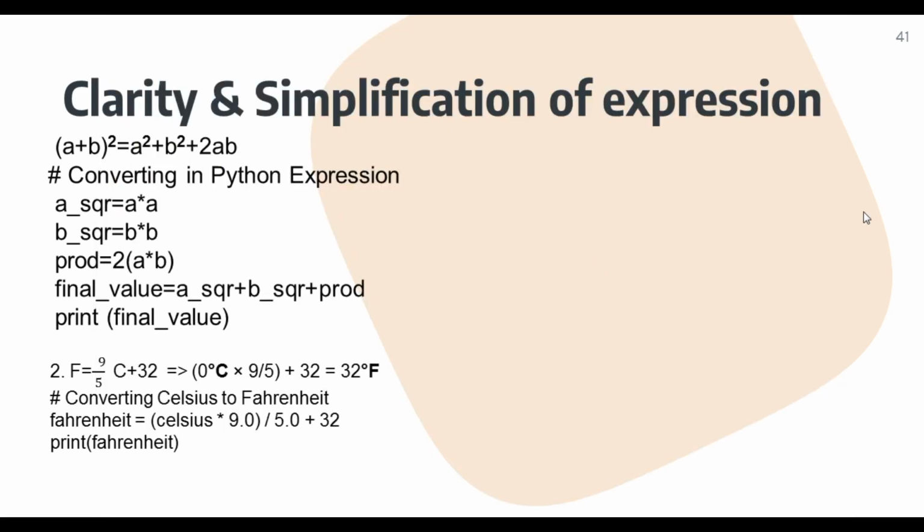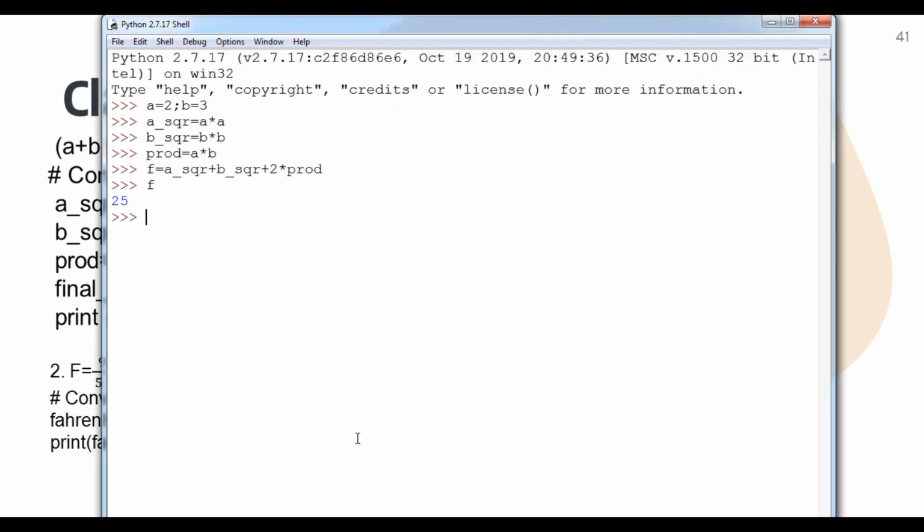Similarly here, student, I am calculating Fahrenheit to centigrade. According to this calculation, I will break it down into 3 steps: first value, then second value and third value. Suppose here the centigrade is minus 40, because minus 40 is the same in centigrade and Fahrenheit both.